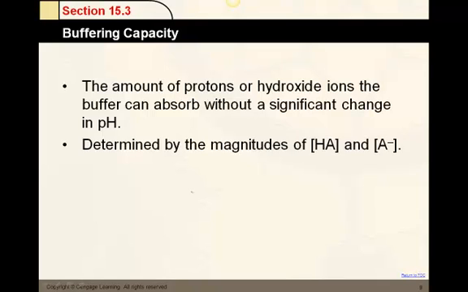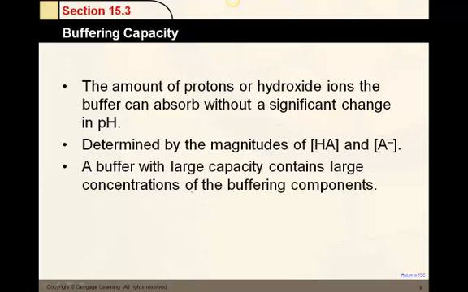And this is determined by the size of the concentration. So the more concentrated these solutions and their conjugates are, that's going to determine the change of pH. A buffer with a large capacity contains large concentrations of the buffering components. So the more concentrated they are, the more they can buffer.